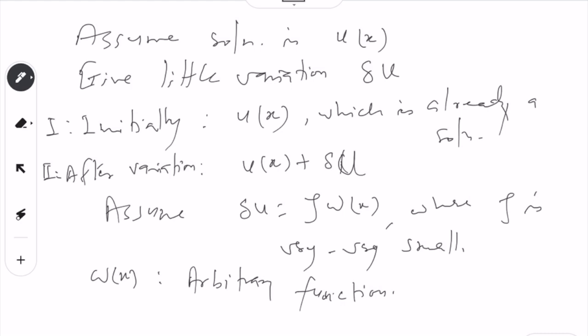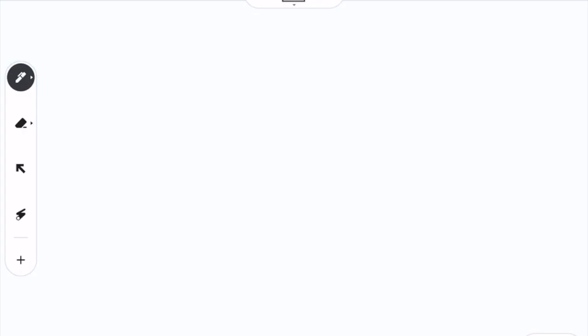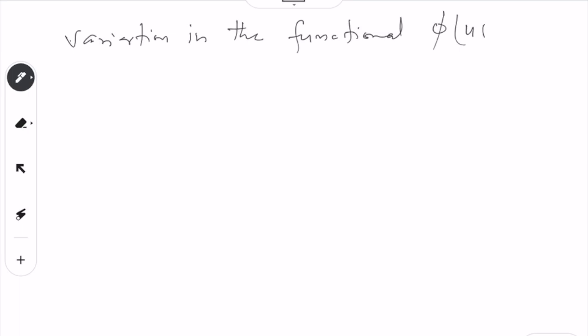Now, the next thing we are going to do is look at the variation in the potential energy, or the functional phi(u(x)).